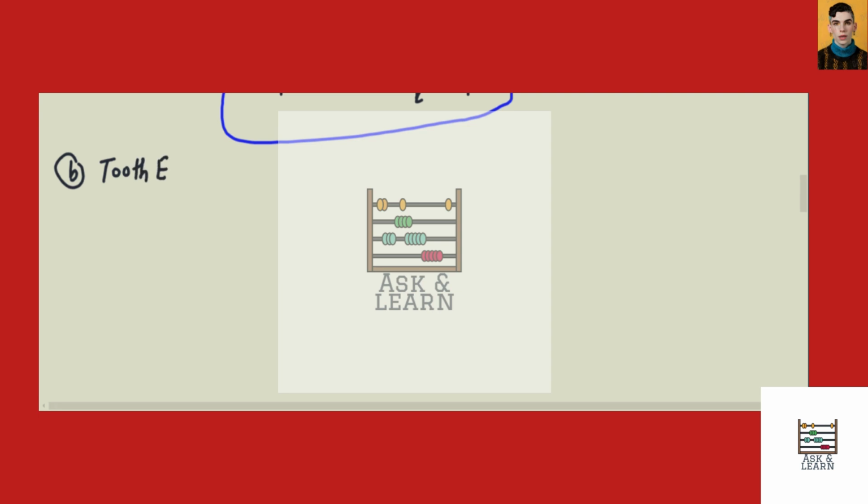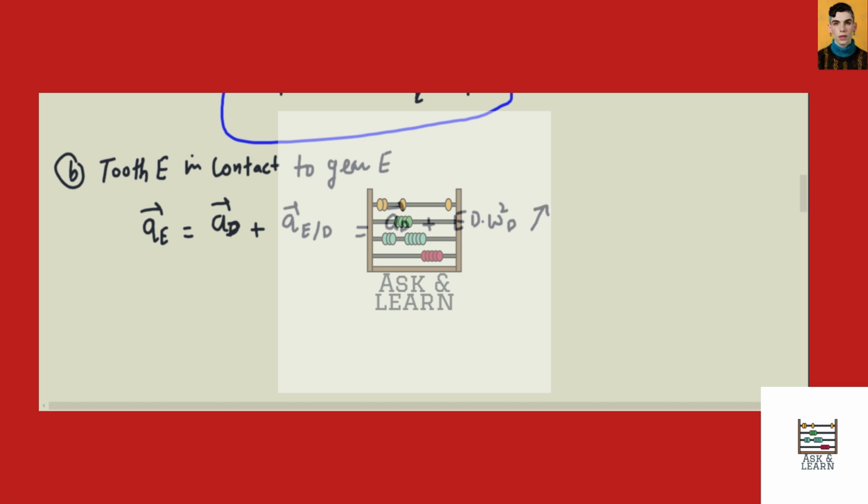For tooth E in contact, you may write acceleration of E equals acceleration of D plus acceleration of E with respect to D, which will be ED into omega D square in this direction.